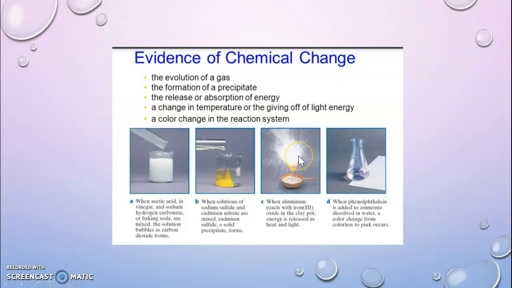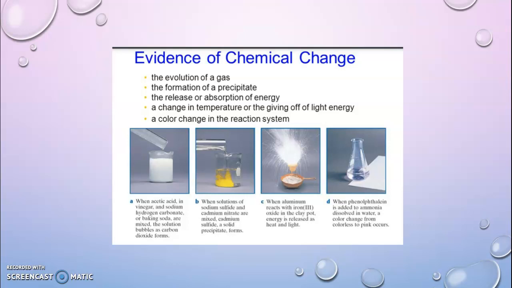If there's bright light or flames or heat being given off during the course of a chemical reaction, you can pretty much conclude that there was a dynamic change that created that. The other thing is that you might see a color change, but it is extremely important to know that you can see color changes sometimes in a physical change as well.